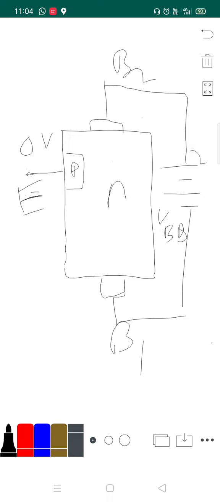Then there is a flow of current from B2 to B1.